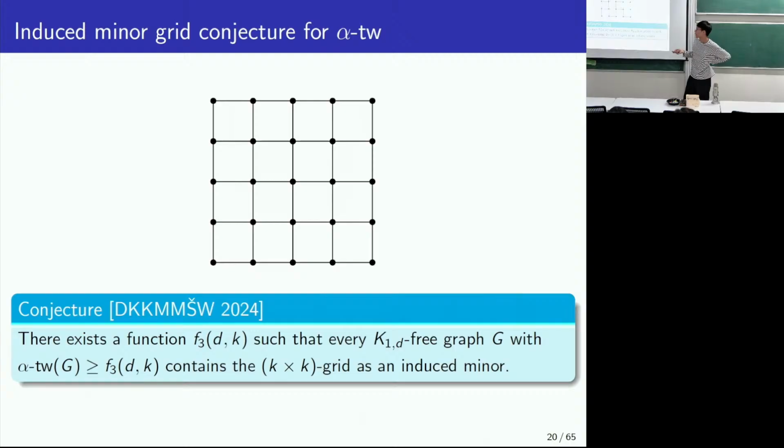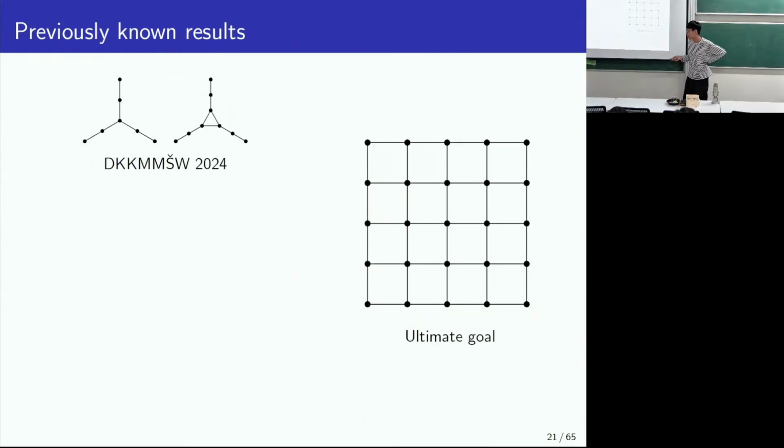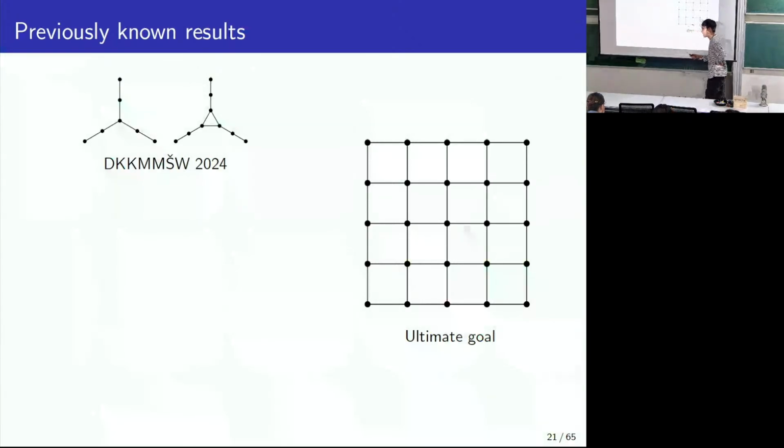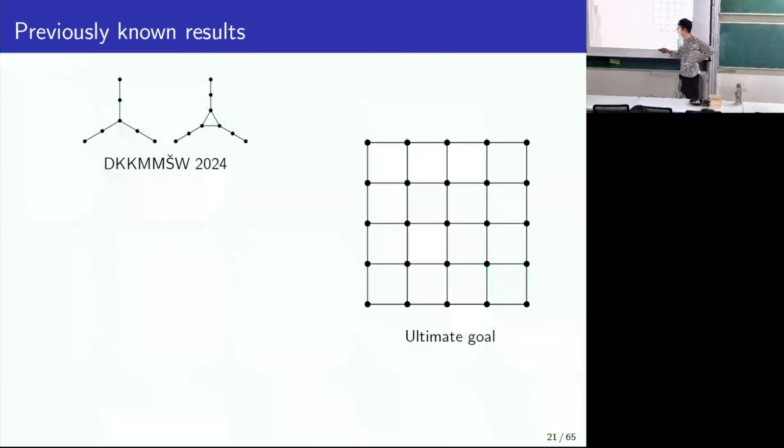This conjecture is still widely open, and there are several small planar graphs that give evidence toward our ultimate goal of the grid. In the same paper, they proved that we can either find this tripod or the line graph of this tripod as an induced subgraph.